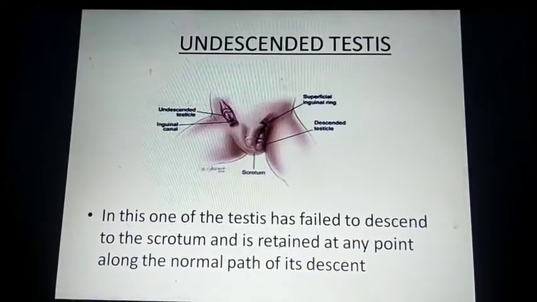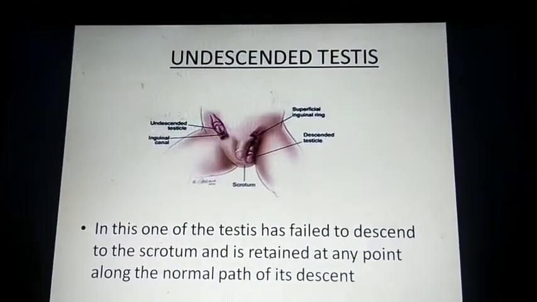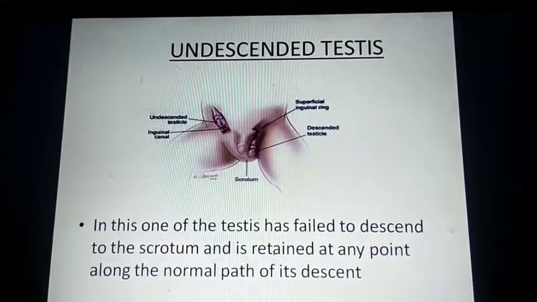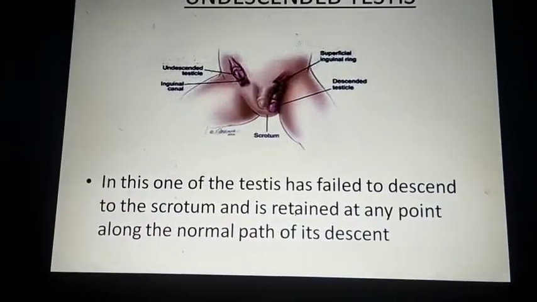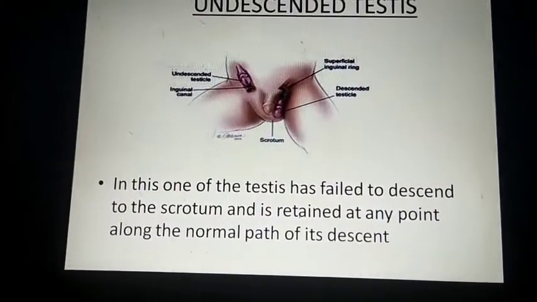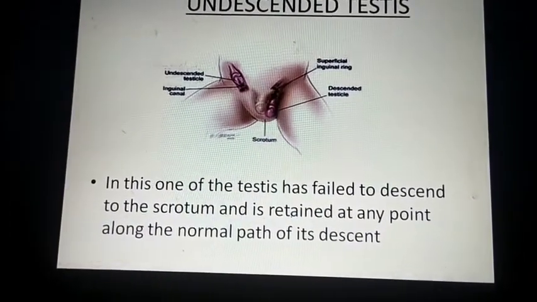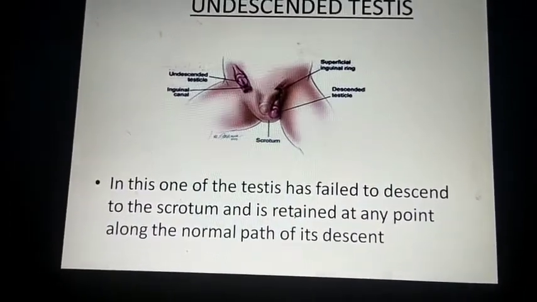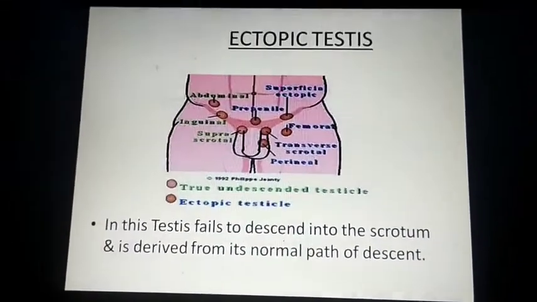Undescended testis means the testis has not descended completely into the scrotum. One of the testes has failed to descend into the scrotum and is retained at a point along the normal path of its descent.